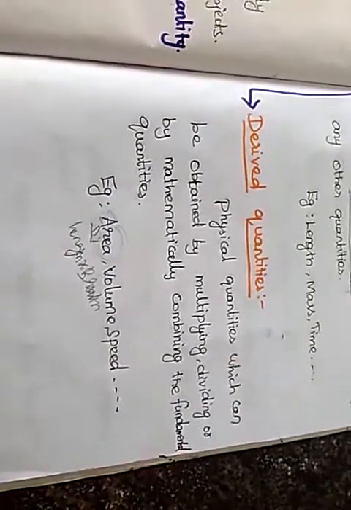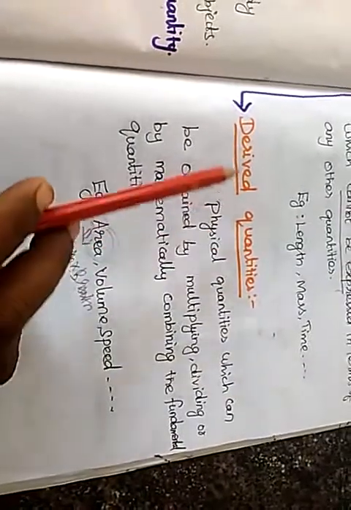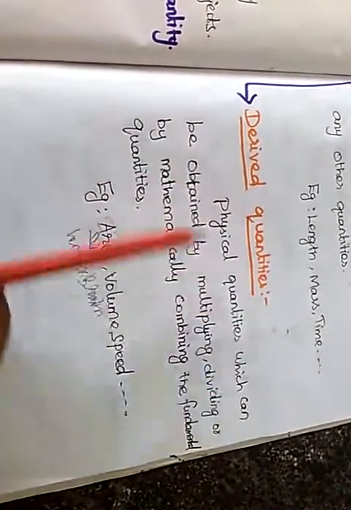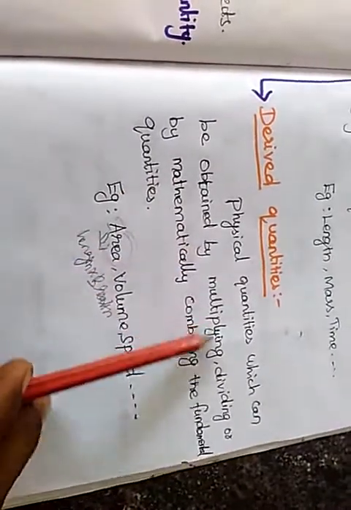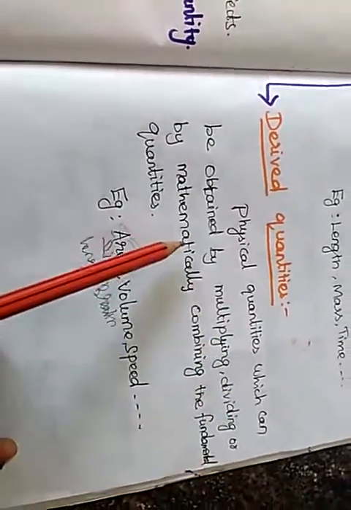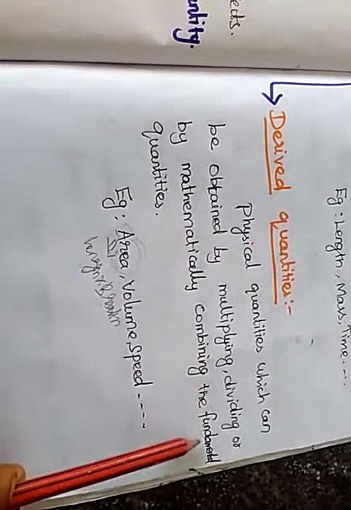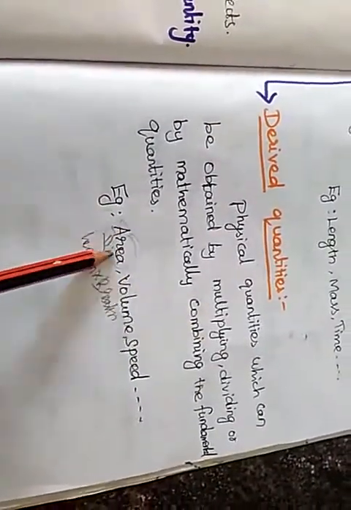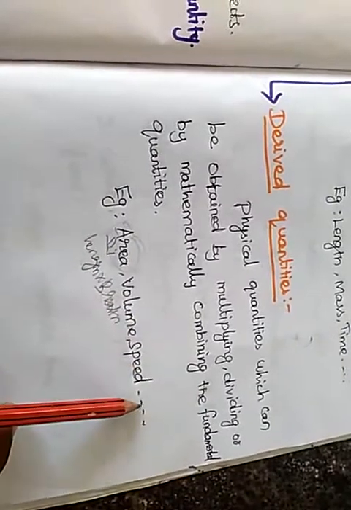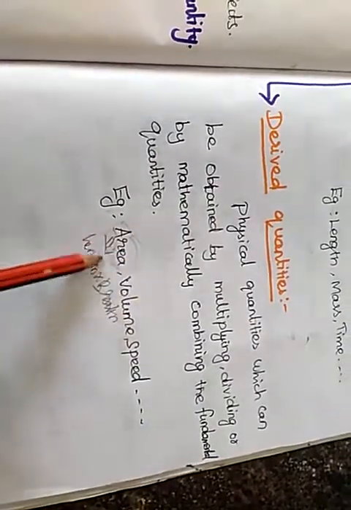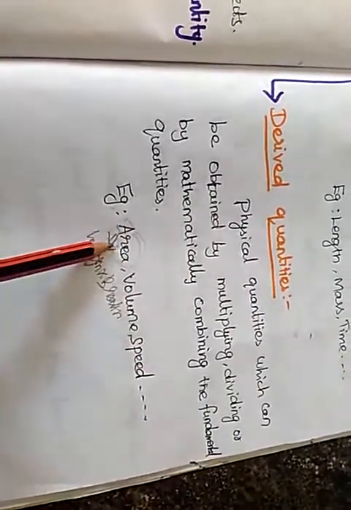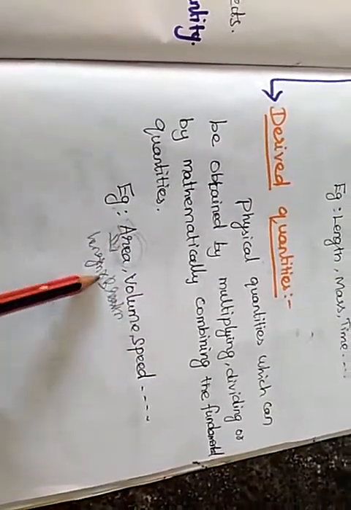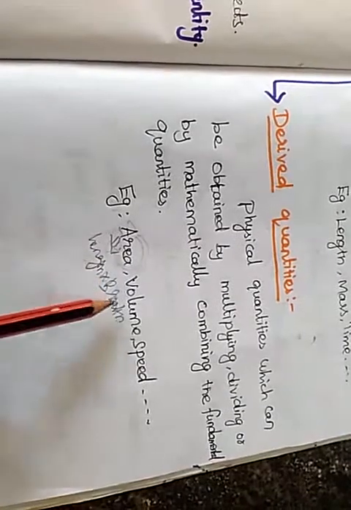Students, then we see derived quantities. What is derived quantity? The physical quantities which can be obtained by multiplying, dividing or by mathematically combining the fundamental quantities. For example, area, volume, speed, etc. Here we see area is equal to length into breadth.